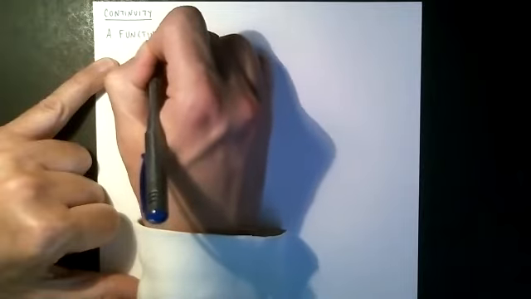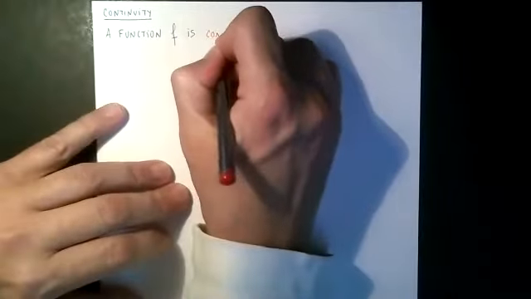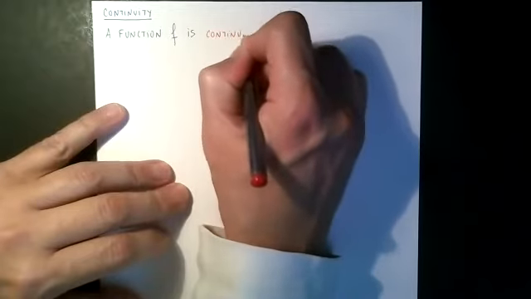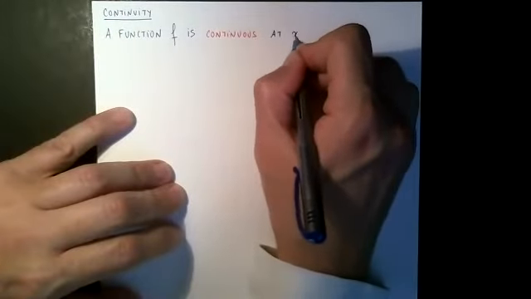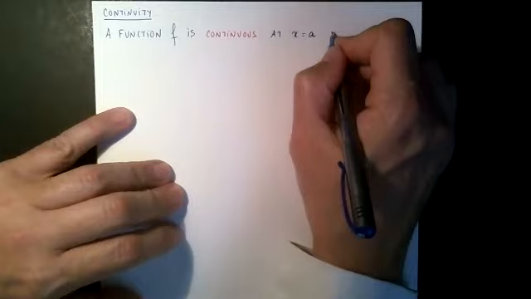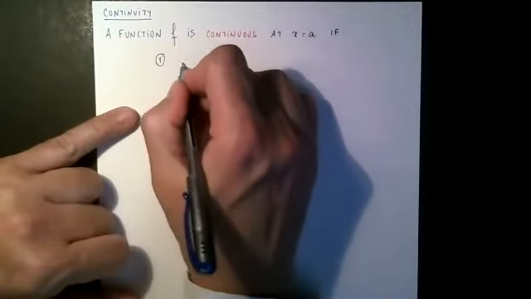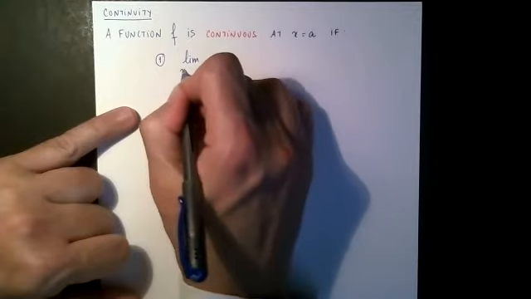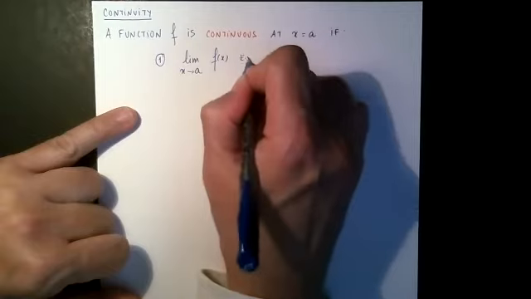The function f is continuous at a certain value x equals a if two things. First of all, the limit as x approaches a of that function has to exist.